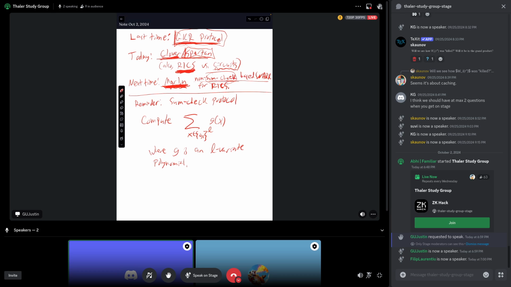With Marlin, it's very clean to see the comparison between Marlin and Spartan when they're both described for R1CS, and you can see very clearly why the prover in Marlin winds up doing more work than the prover in Spartan.